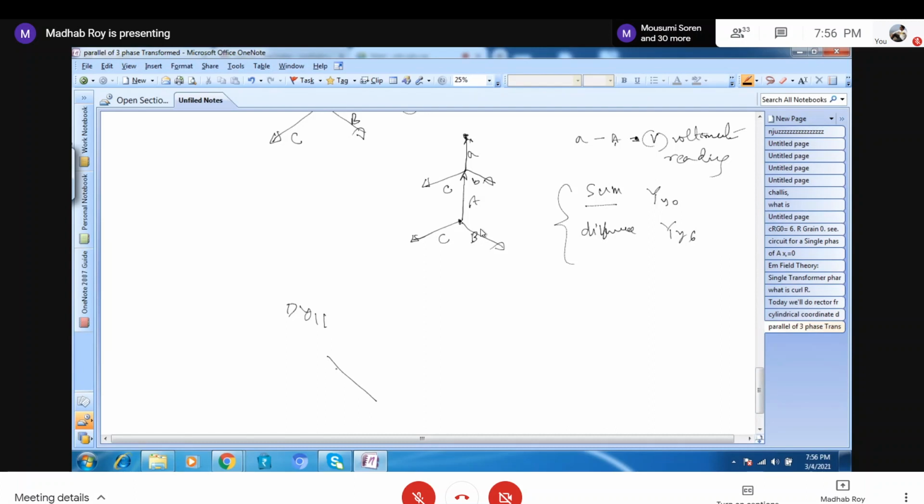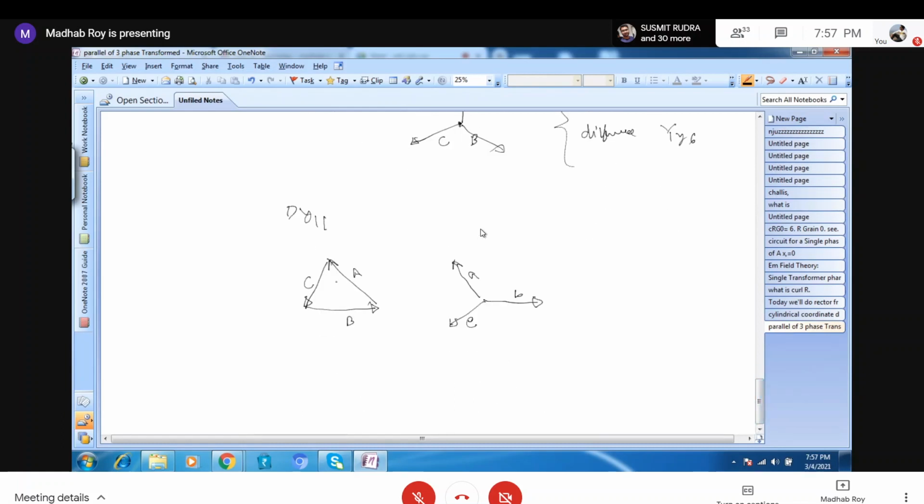So this will be the A, and then this will be the B, and then this will be the C. Similarly, here this will be the small a, this will be the small b, this will be the small c. Now, how to make this vector group test? This is also you have to do. You can short the winding here. Okay? You can short the winding here.